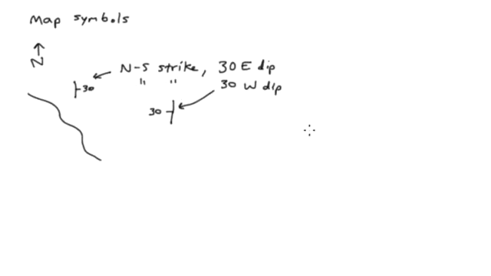And let's say it was striking east, dipping south. See if you can guess what that's going to look like. That symbol would look like this. Let's say it was dipping 10 degrees south.